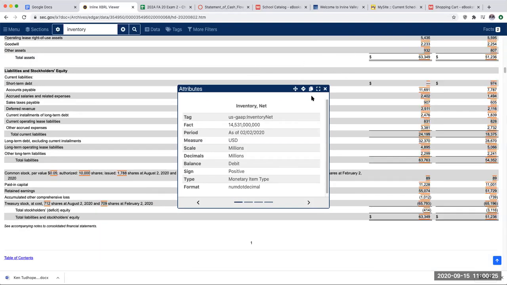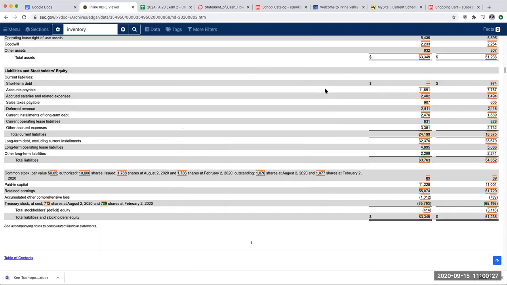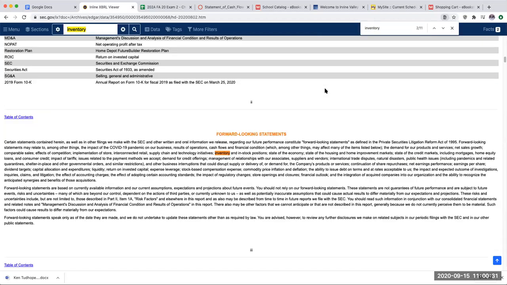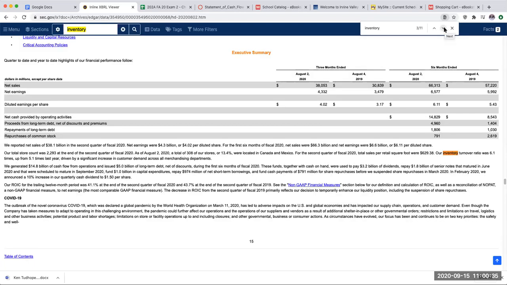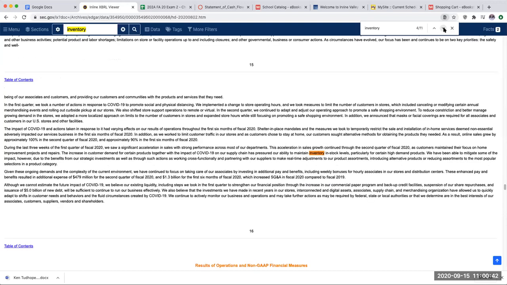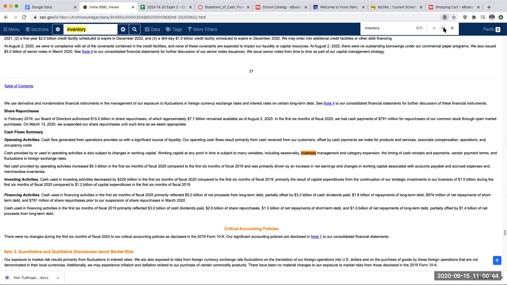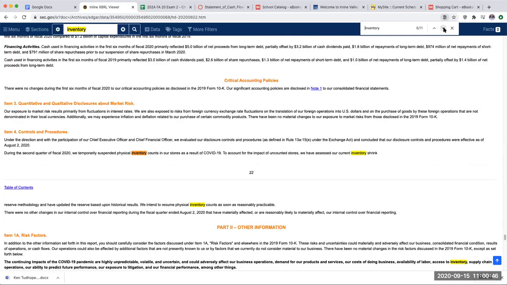Let's instead try to do a find. Let's do inventory. Okay, let's go to the next one. Inventory turnover ratio. What I'm really trying to figure out is how the inventory works.